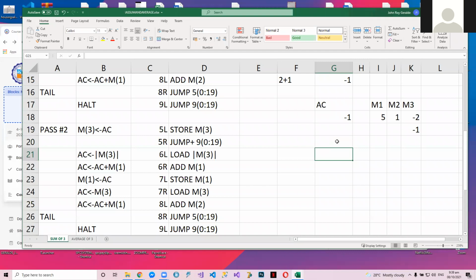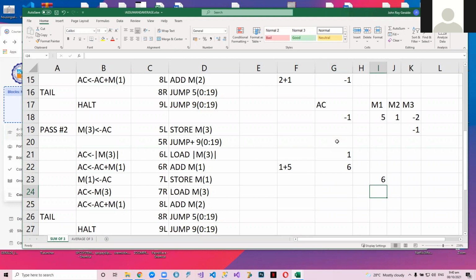Load absolute of M3, so this becomes 1, I'm sorry, no? Absolute value of negative 1. Add M1, so this will become 1 plus 5 because M1 is 5. So this becomes 6. And we store M1, so this becomes 6.